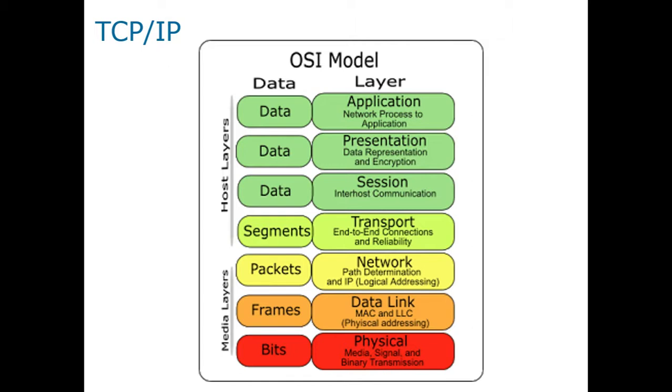The layer we're most familiar with is the top one, the application layer. That's your web browser, for example, or anything that shows you information from the internet. The other layers we don't see as often, but they're very important.